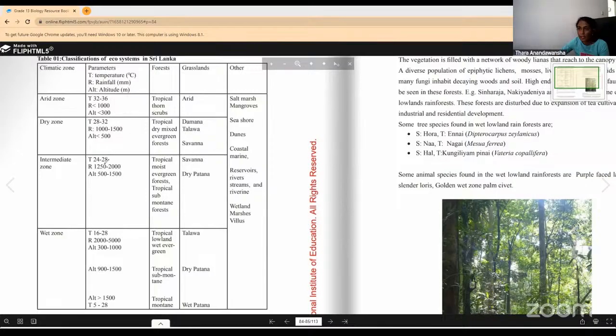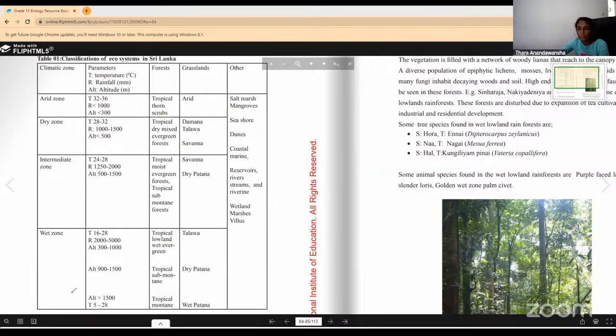Compared to that, the dry zone also usually has a high temperature, but a bit lower than the arid zone, 28 to 32. The intermediate zone has an even lower temperature than the dry zone, 24 to 28. When it comes to the wet zone, the annual average temperature is given here, 16 to 28, so it is the lowest temperature here.